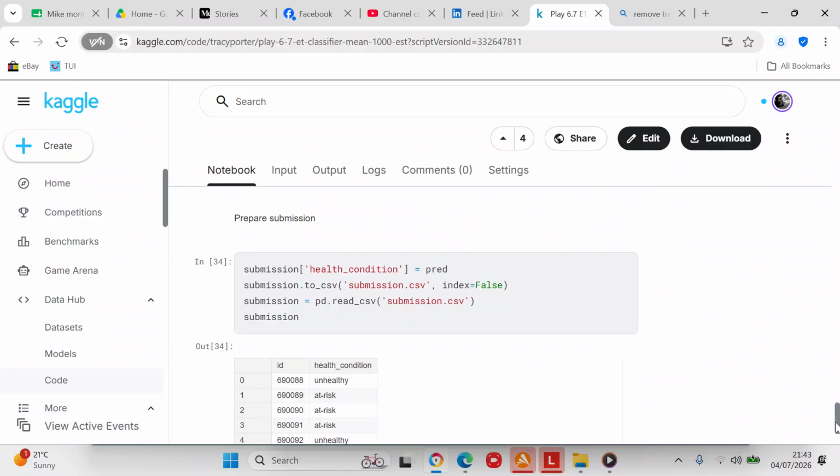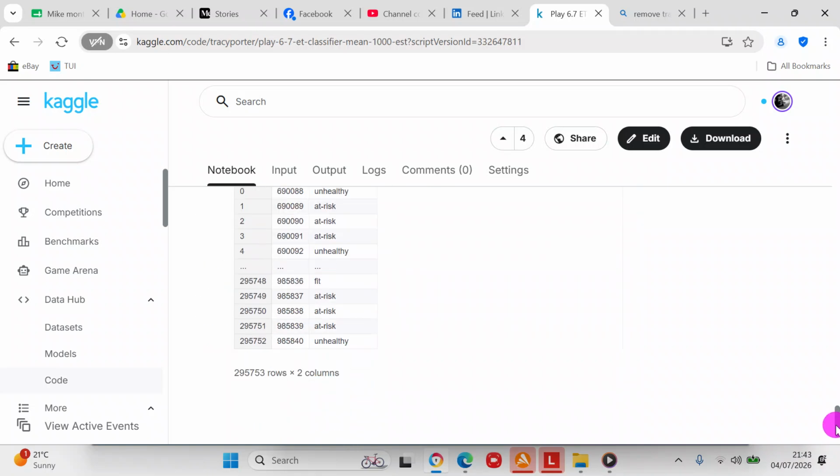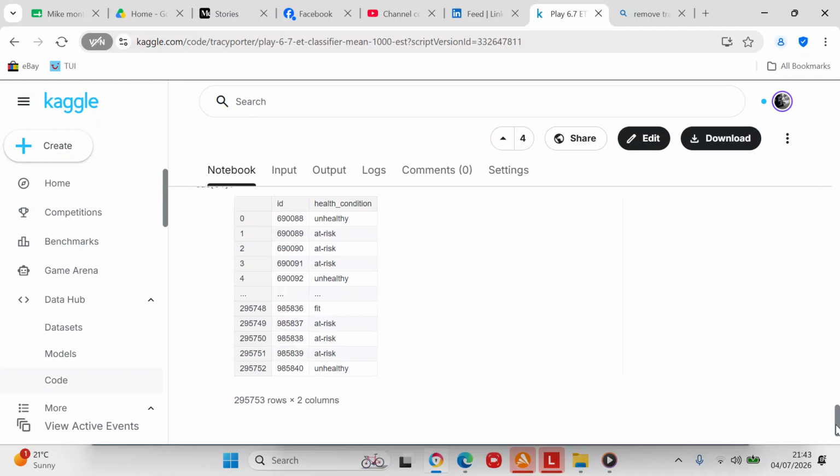Now I prepare the submission by taking pred and putting it in the health condition column, then I convert the submission into a CSV file, then convert that CSV file into a data frame, and print the data frame so you can see what the predictions are.